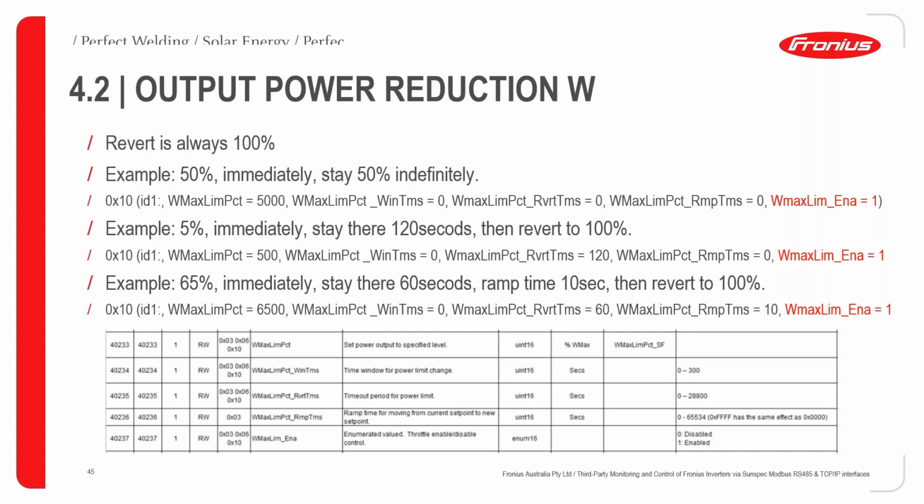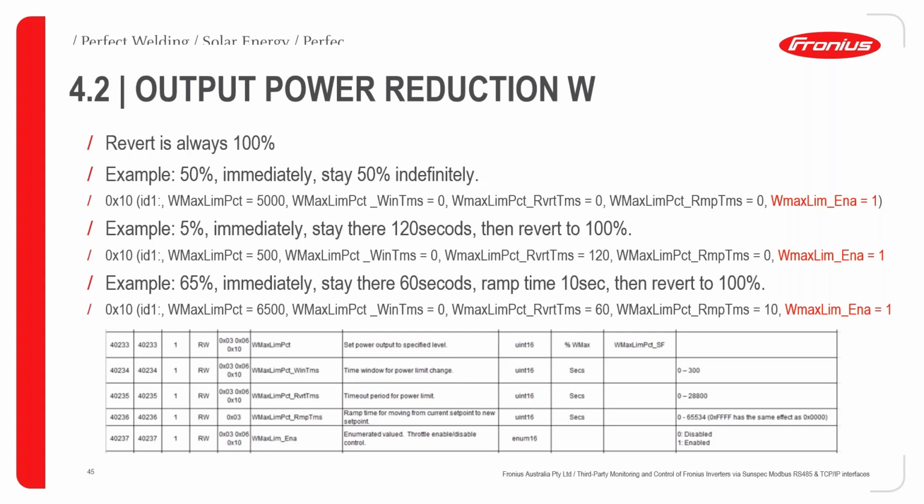You would note that WMaxLim_Ena, I've used a red font there. The reason for that is that this is using function 0x10 on purpose, which means that we expect this to be written in one go. Once you write, let's say, the first 4 registers from the tables there, they will not get implemented unless you enable.